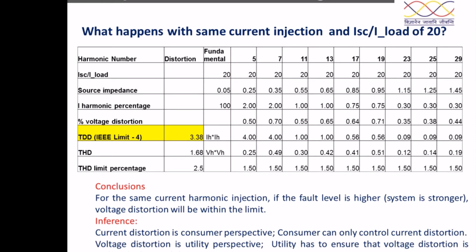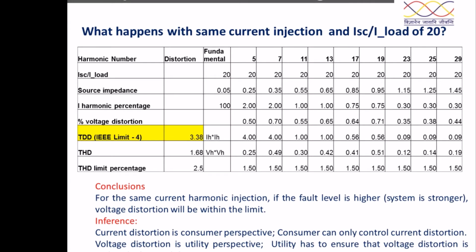Therefore, current distortion is a consumer perspective. The consumer can only control the current distortion. Voltage distortion is a utility perspective, which implies the utility has to ensure that the voltage distortion is within the limit and the consumer has to ensure that current distortion is within the limit.